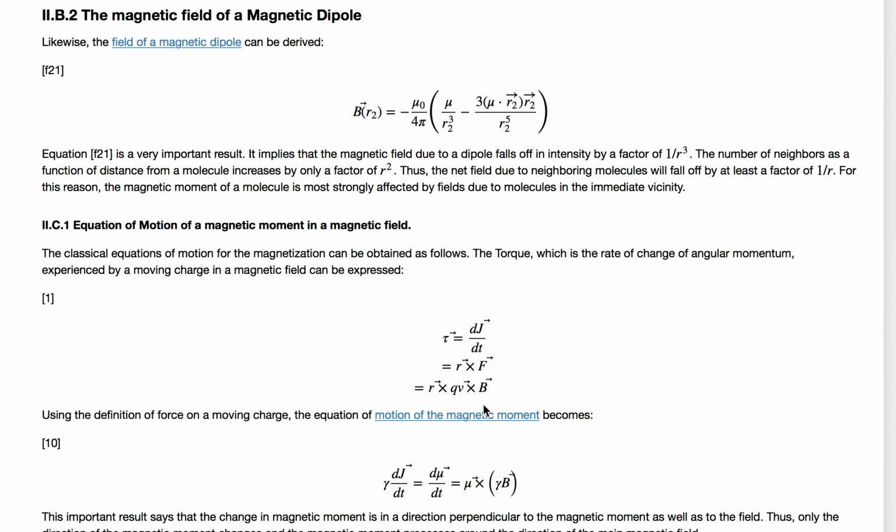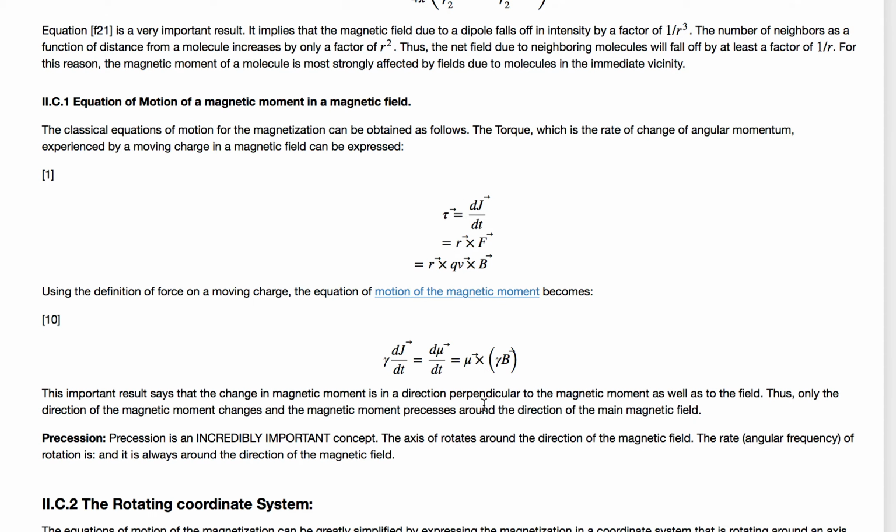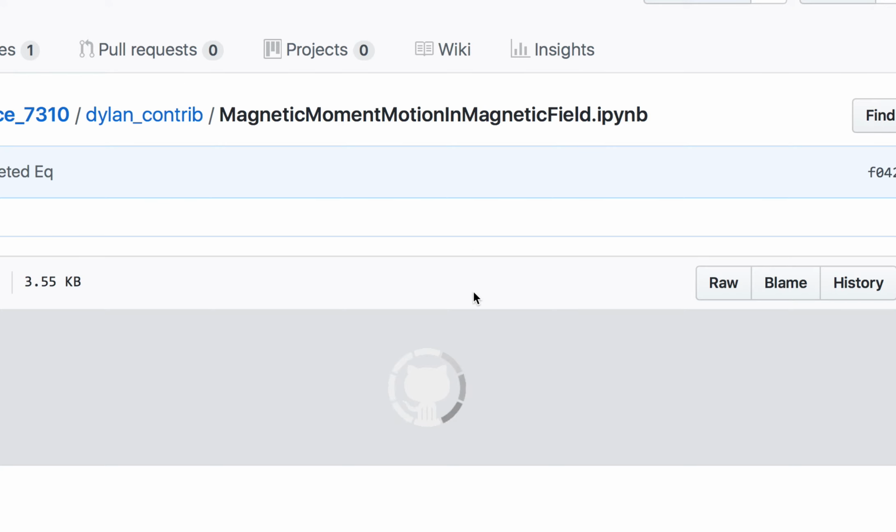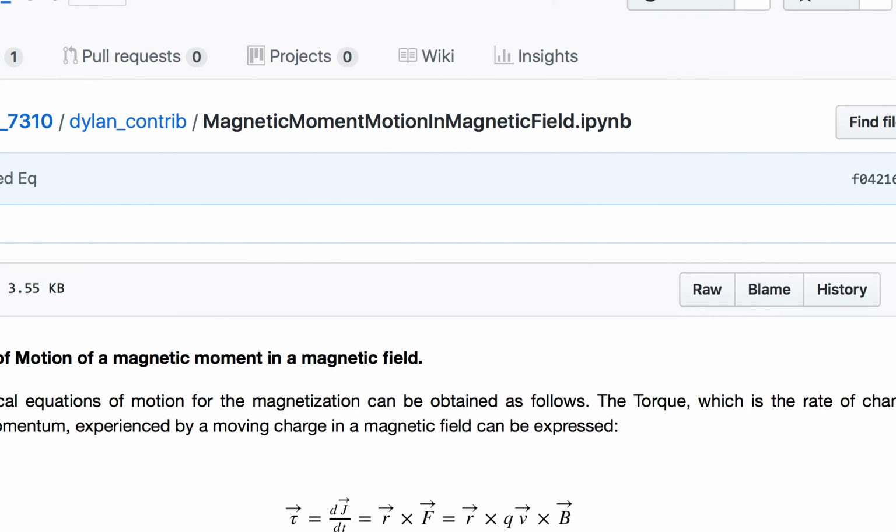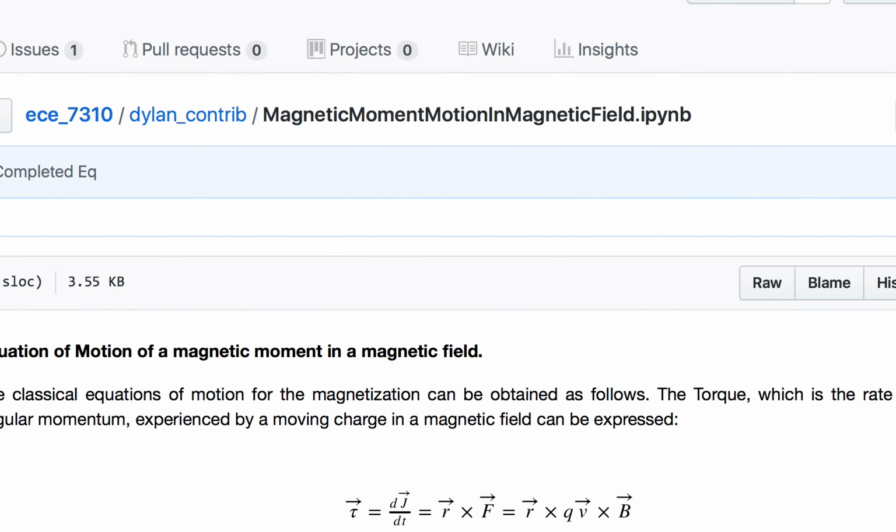And just continuing on, the nice thing is with these relationships, we can predict the motion of a magnetic moment in a magnetic field, and that motion is a type of precession. Let's see if this gives us a little bit more intuition here if I click on that. Probably not.